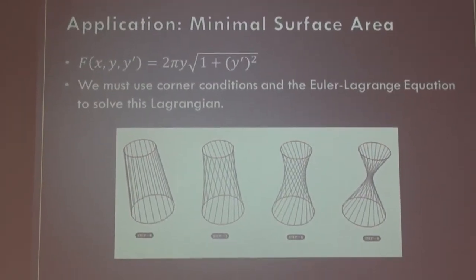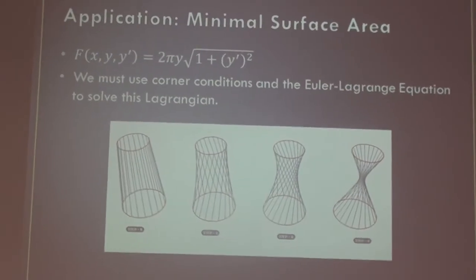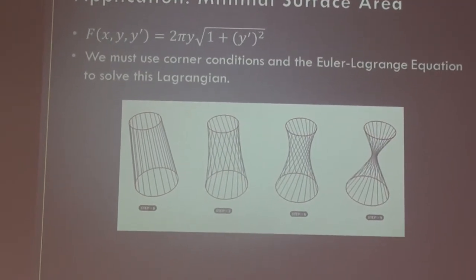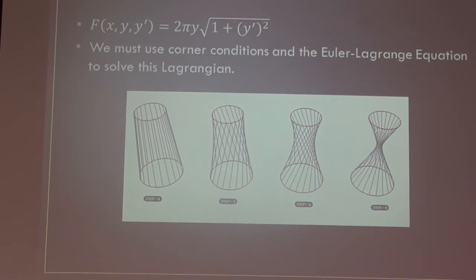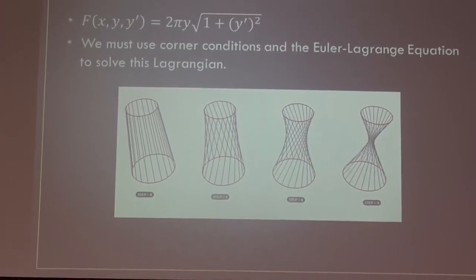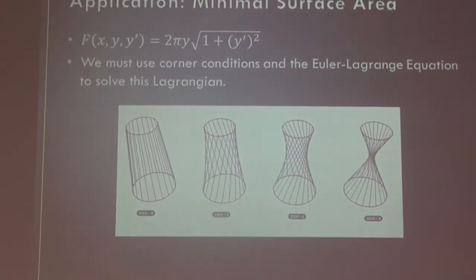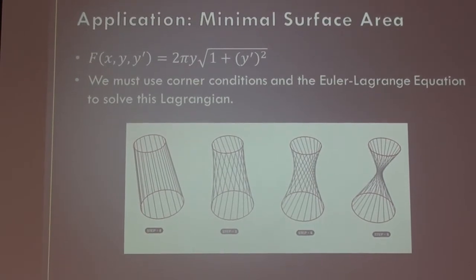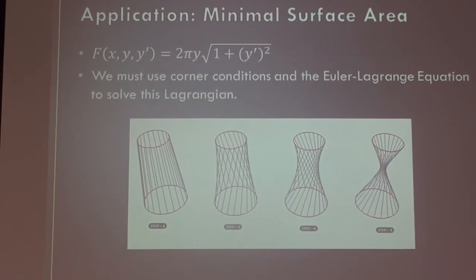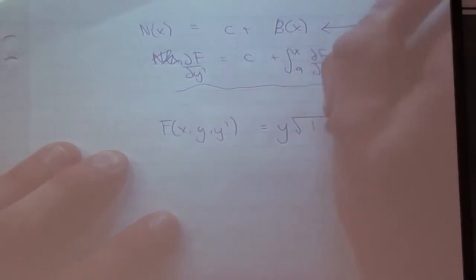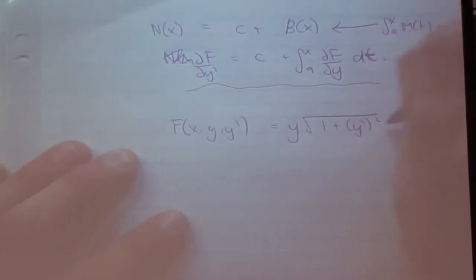So, just for the purposes of making sure we get out of here by midday, I'm going to take out the 2π constant on this, and we're just going to address the extremal where f of x, y equals y root 1 plus y dash squared.